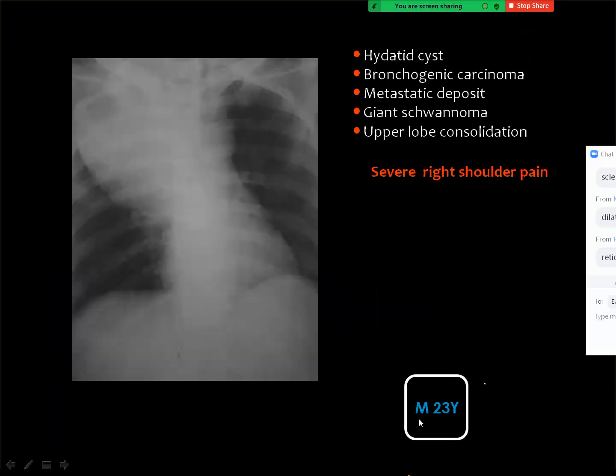This patient, 23 years old, with severe right shoulder pain, and you got a big opacity in the right upper lobe. Is it hydatid cyst or bronchogenic carcinoma or metastatic deposit or schwannoma or consolidation?